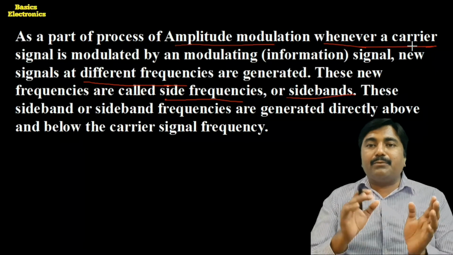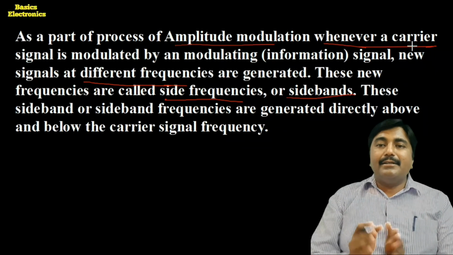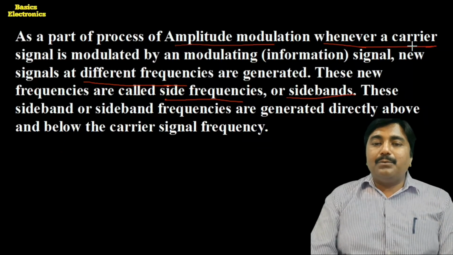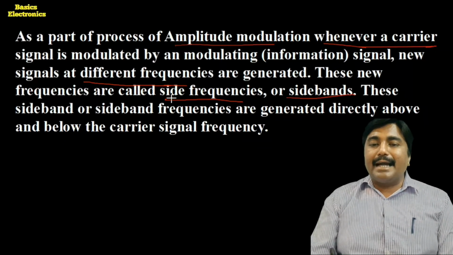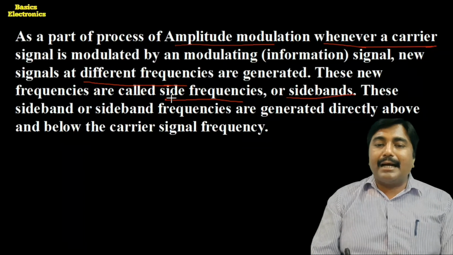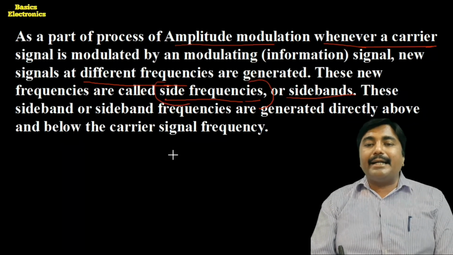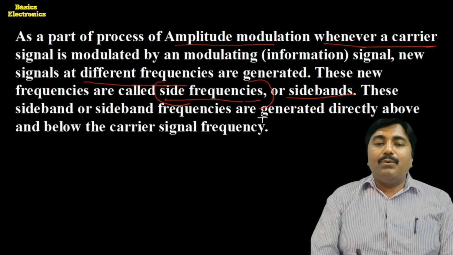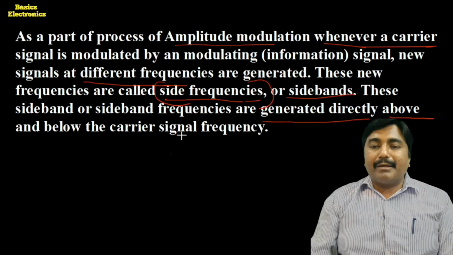After the modulation process, the resulting signal has two more different frequencies, and these two more frequencies we call the sideband. These frequencies are generated directly above and below the carrier frequency.